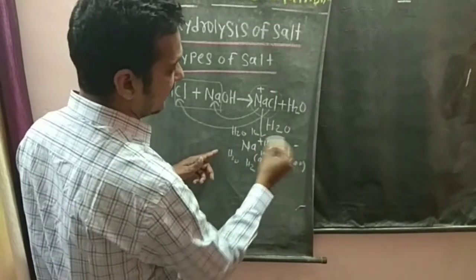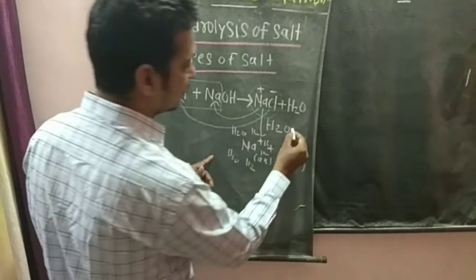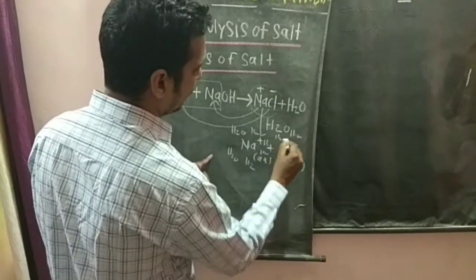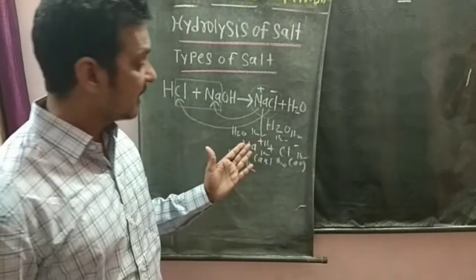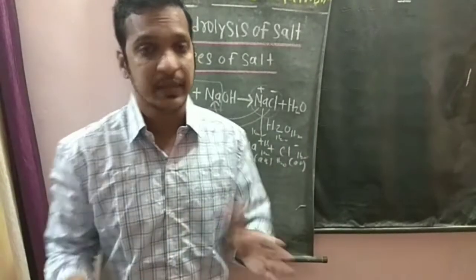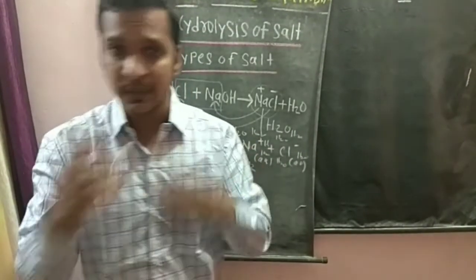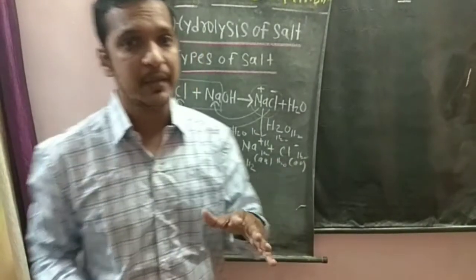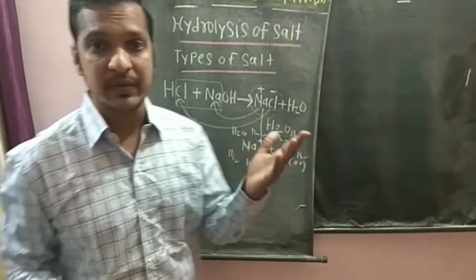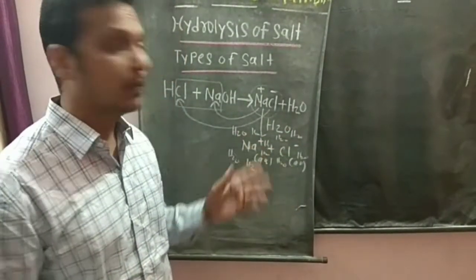Similarly, Cl minus is surrounded by water molecules H2O, H2O, H2O, H2O. These ions, Na plus and Cl minus, after breaking do not react with water further. Only the water molecules surround the ions, as we have discussed in the 11th standard, that we call ion dipole interaction.